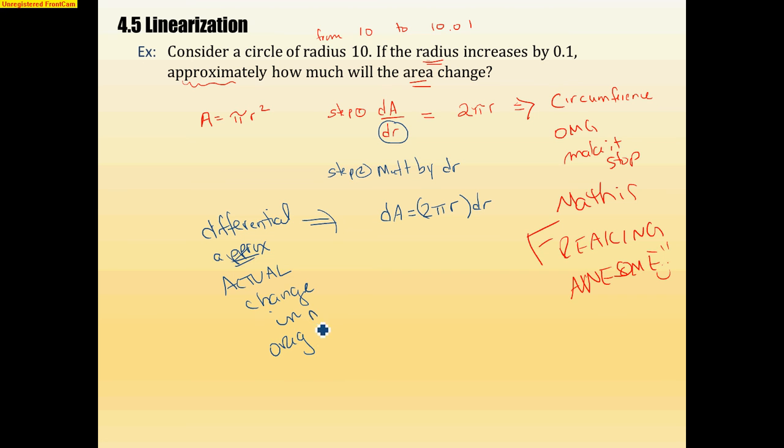Then step 3 is plug in. So the differential of the area is 2 pi times my radius times the teeny tiny change in the radius.